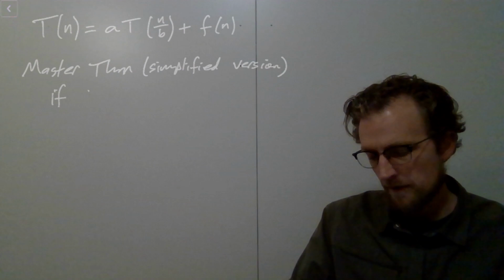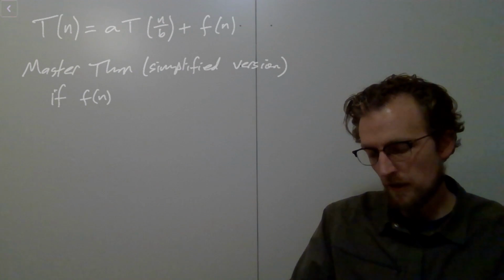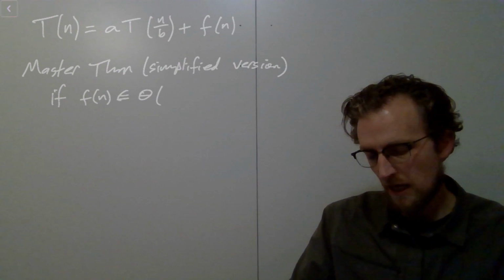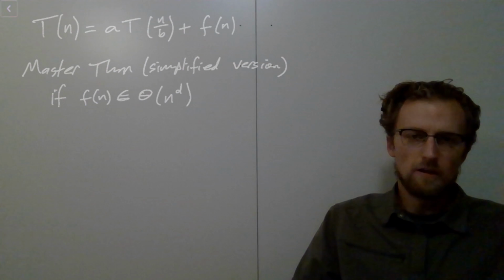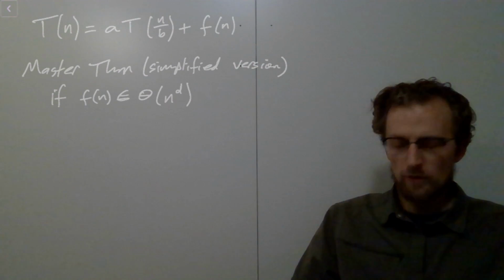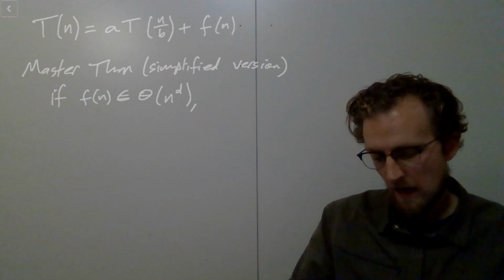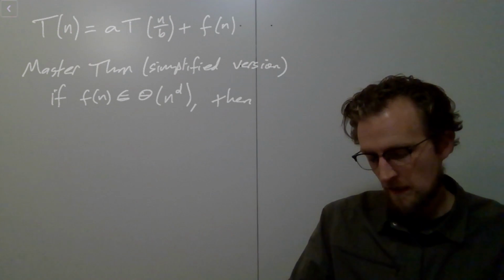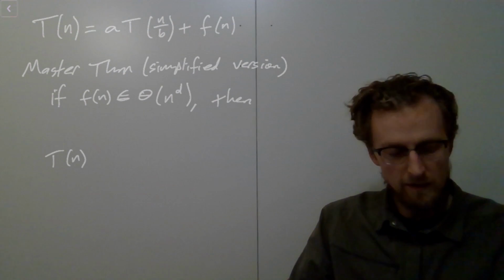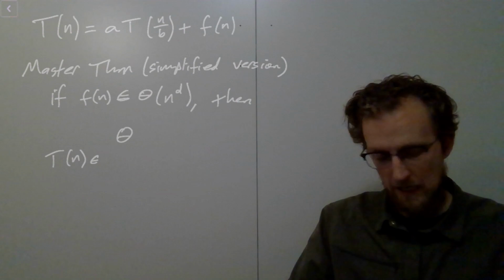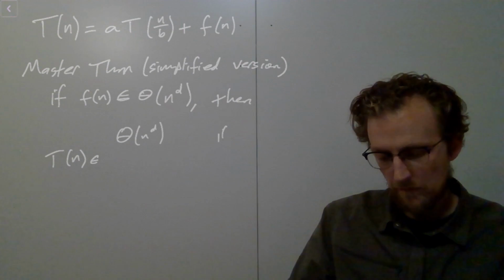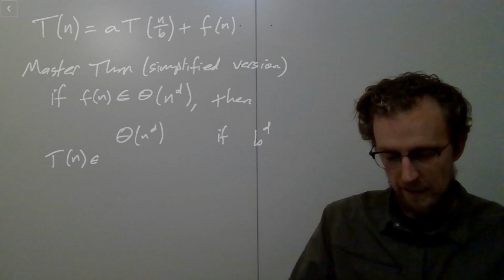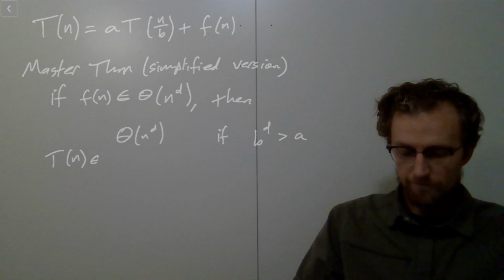If f of n is polynomial with a time complexity of big theta of n to the d, where d is the order of the polynomial, then we have the following three cases. T of n is big theta of n to the d if b to the d is greater than a.